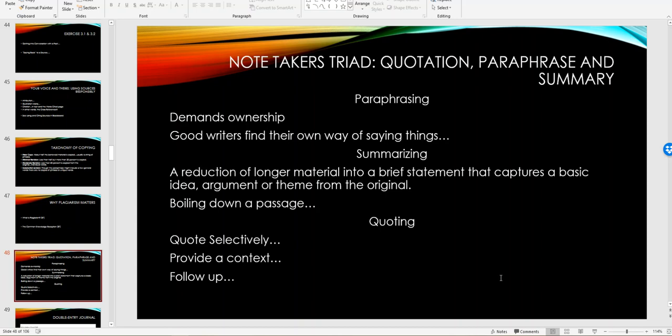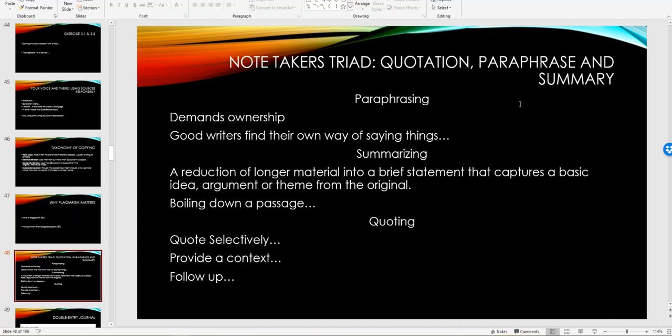All right. You have to introduce the quote. You have to provide some follow up after the quote so you can explain, interpret, and analyze the quote and how it supports your thinking. So this is the critical stage in the research process and working with the words of others. Frankly, it's really straightforward.